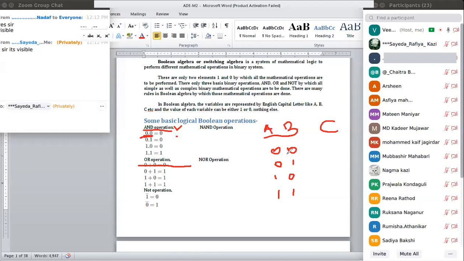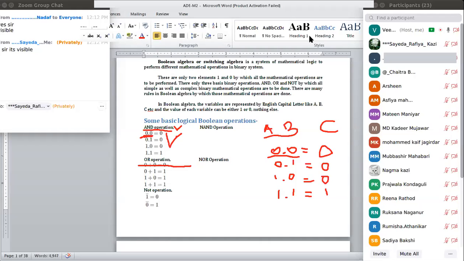In between these two inputs, if I perform a dot function, or a product function, or an AND function, what will be the result? Obviously 0 into 0 is always 0, 0 into 1 is 0, 1 into 0 is again 0, and 1 into 1 is 1, right? That is the result we get from the AND operation.